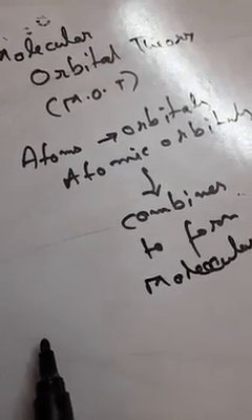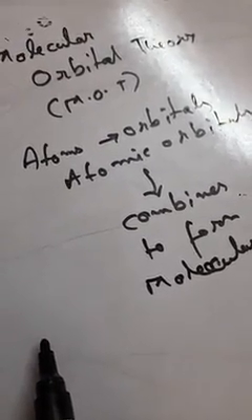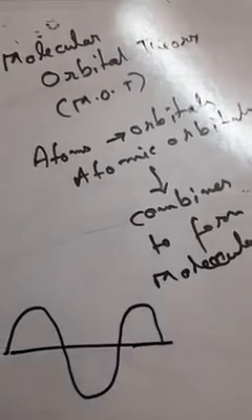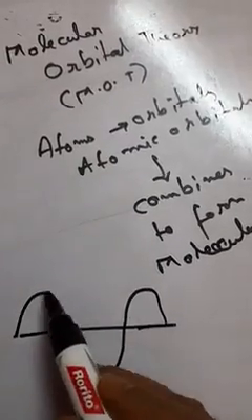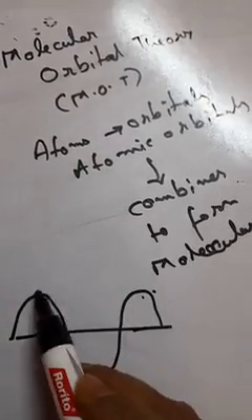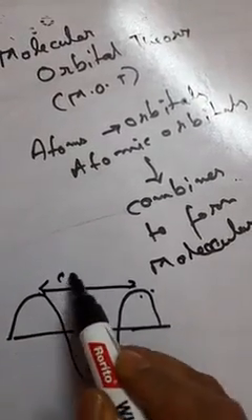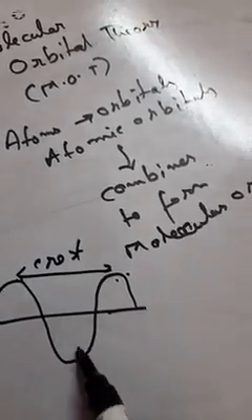Now, in the chapter of atomic structure, we have seen that orbitals have both the characteristics of wave and particle. Electrons have characteristics of wave and particle. So the orbital can be in the wave form, like this. In case of a wave, these portions are called the crest, and this portion is called the trough.